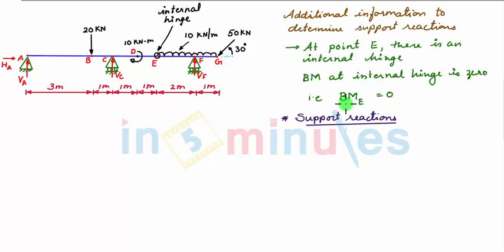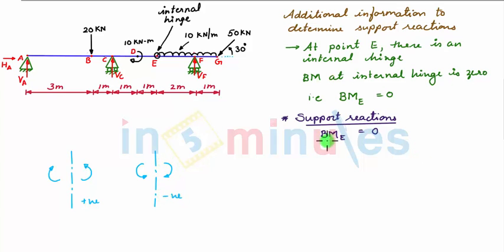We first make use of this equation itself, which is bending moment at point E equal to 0. Now writing the expression for bending moment at point E, our sign convention is: clockwise moment on the left hand side of the section and anti-clockwise moment on the right hand side of the section is taken as positive, and anti-clockwise moment on the left hand side of the section and clockwise moment on the right hand side of the section is taken as negative.